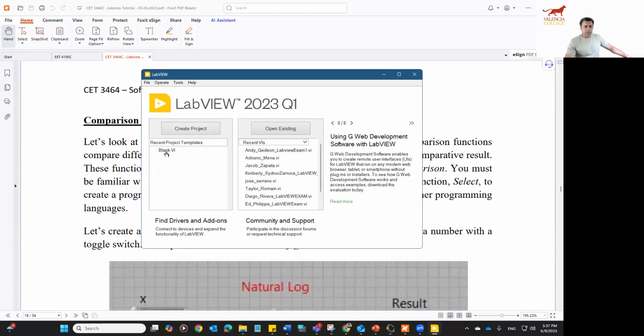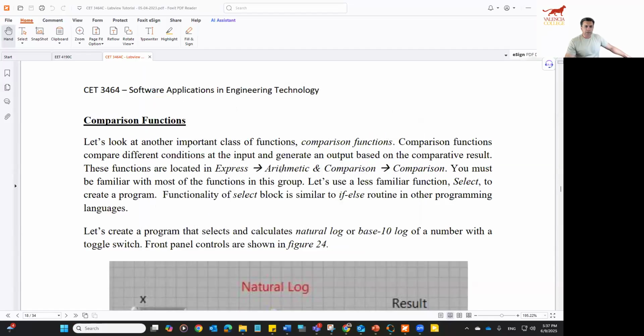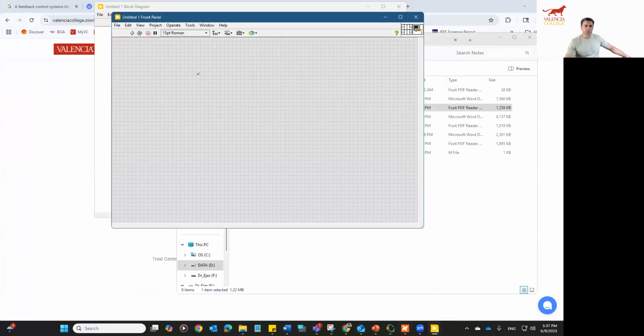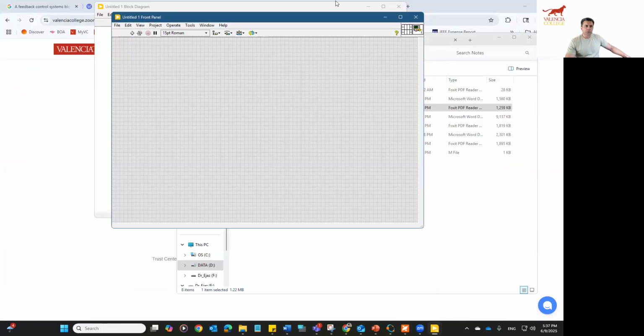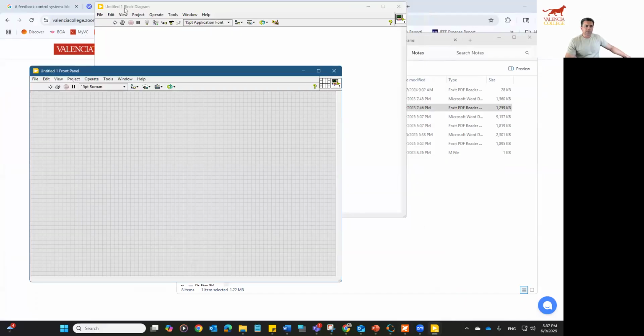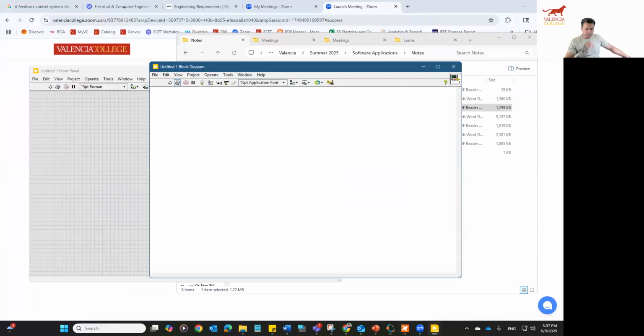Okay, so let's start a new VI. So the first thing that we are discussing is switch functions.